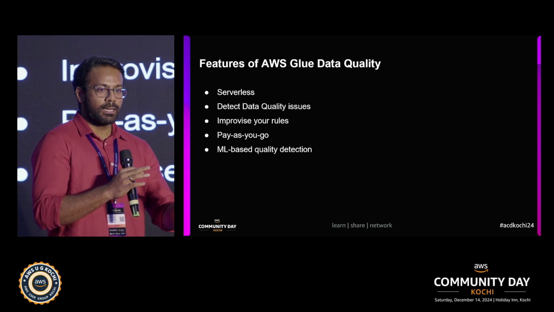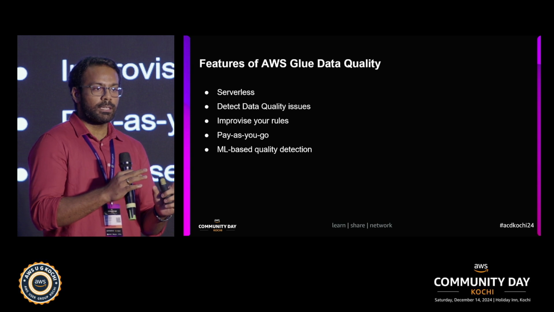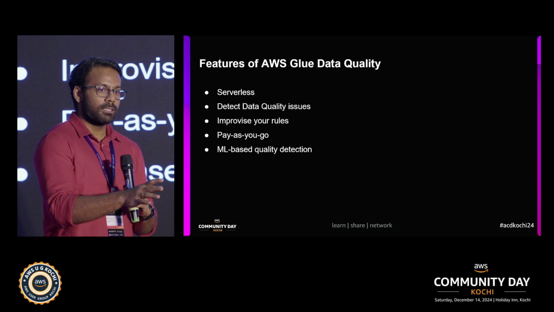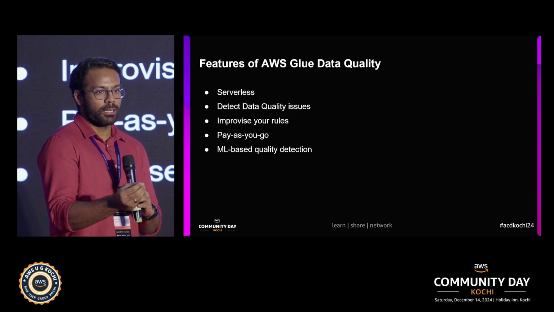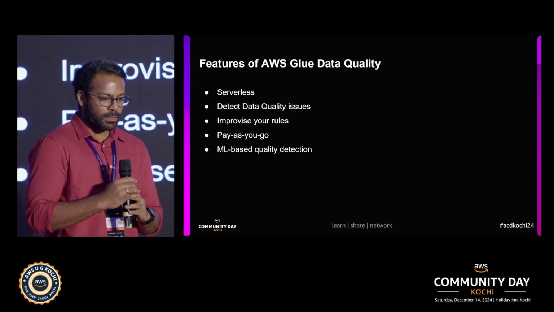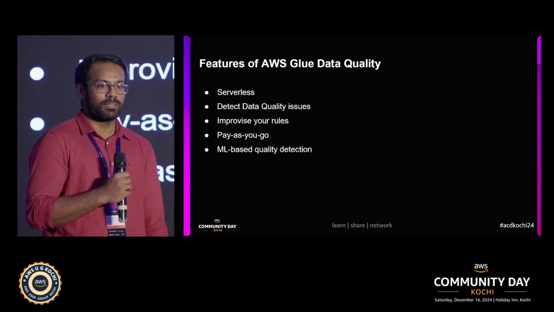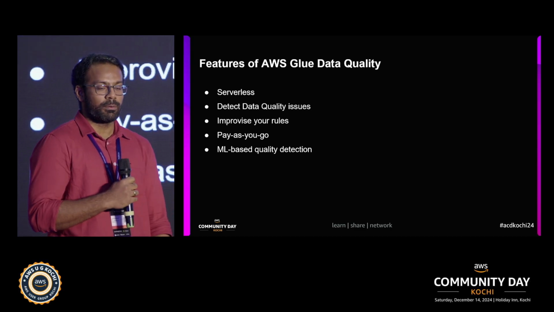So these rules help us in a way that we don't have to go with a fixed set of features, and we can avoid those anomalies. And it is pay as you go: as everyone knows, however much we use is what we pay.